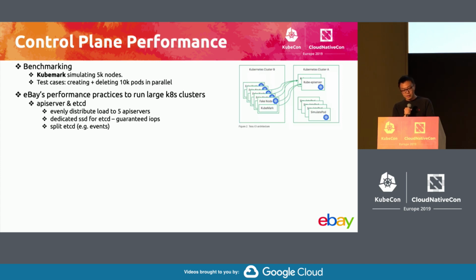But for us, sometimes we need to split the events outside of the main etcd, and we sometimes use a separate disk for etcd snapshots because snapshotting is also heavy. We want to do backup. Our etcd backup happens, I think, every half an hour, so we are always very concerned about losing data, and the snapshotting also has some impact. So you always want to be careful about etcd.